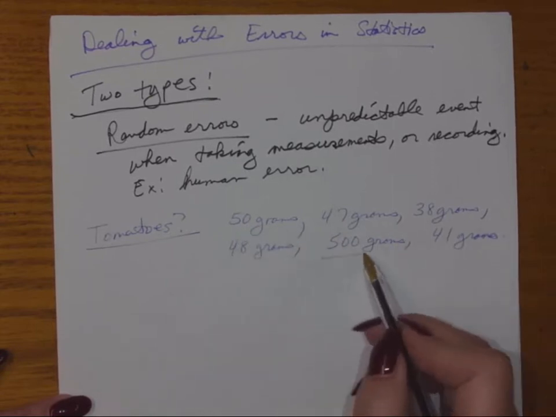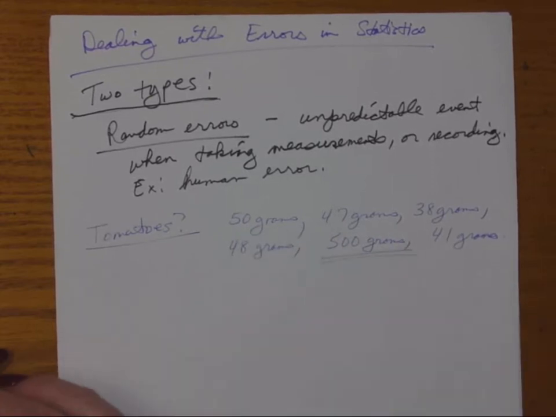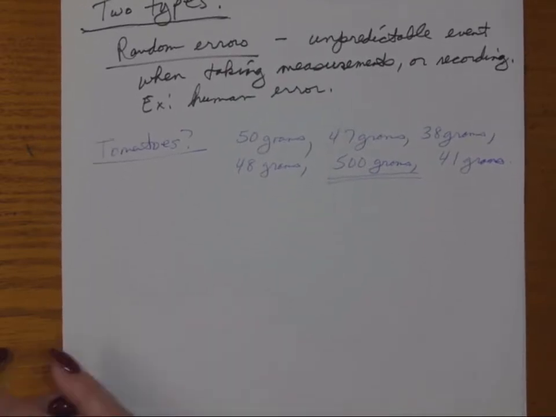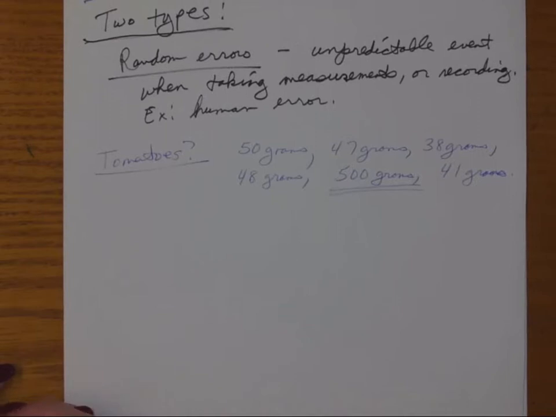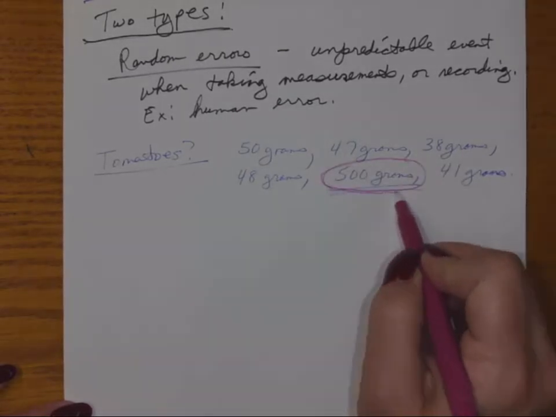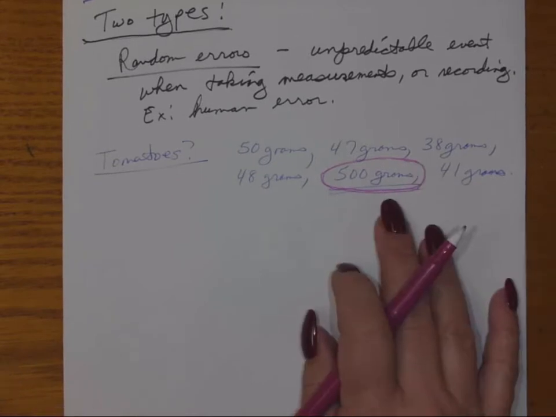And there were others, but we happen to be looking at this portion of the data set, and we see this guy right here, 500 grams. And everything else that we're taking measurements of is probably in the 30, 40, 50 gram weight area, and this one just kind of sticks out like a sore thumb. And so we would say, uh-oh, something's wrong with that one. Let's go back and look at whichever tomato this was.